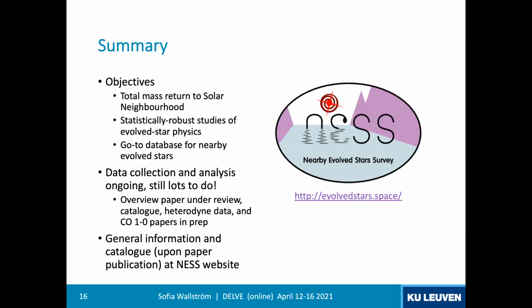Thank you, Sofia, for this interesting talk. We're very much looking forward to the next paper with the overview of all the results that you have so far. First, I have to comment that you did this comparison with SWVIR, and there is no photodissociation radius in our paper calculated from the data. Okay.